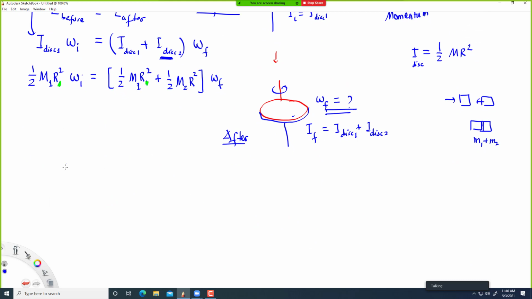If you want, you can plug in your numbers at this point, but you can further simplify. But can you guys tell me what you can do to simplify this? There is something you can cancel. So let me write one more step and you will see how we can further simplify this.